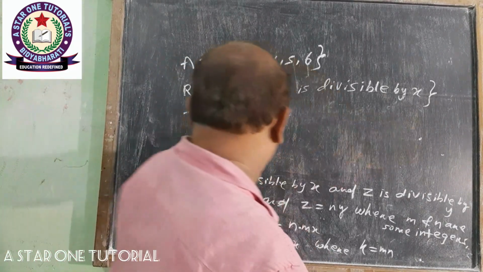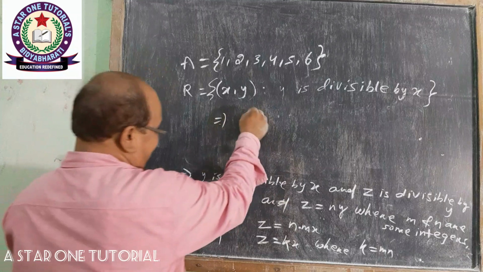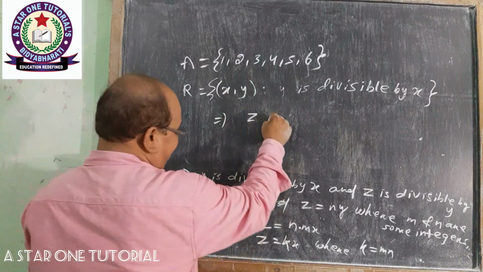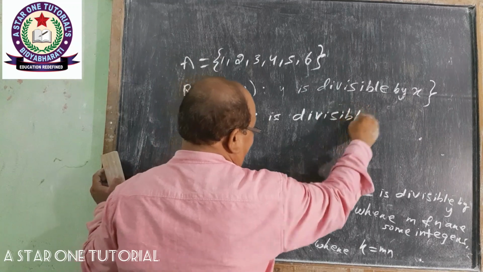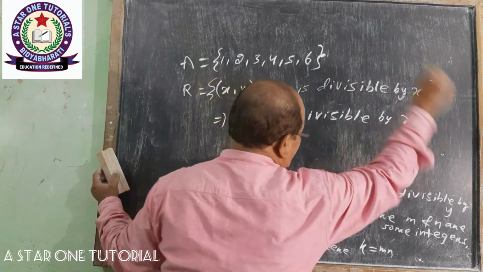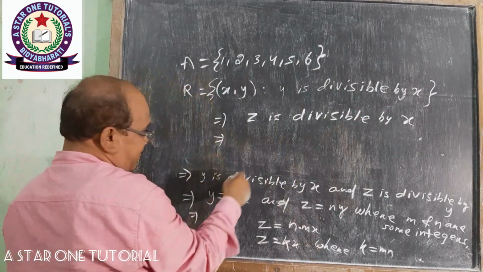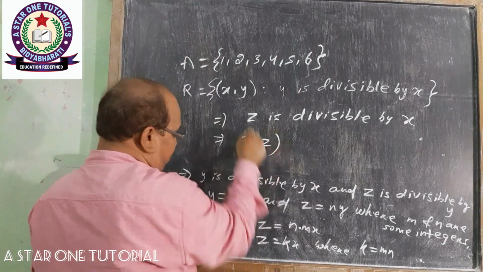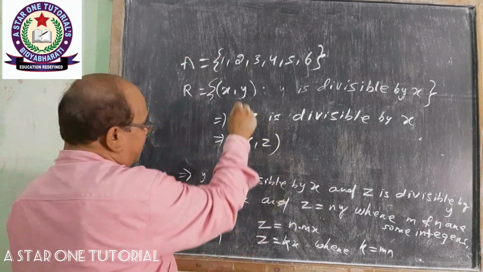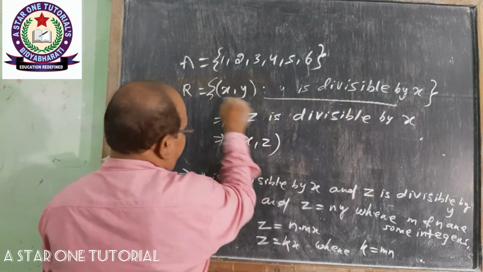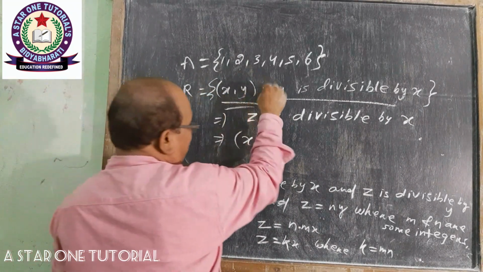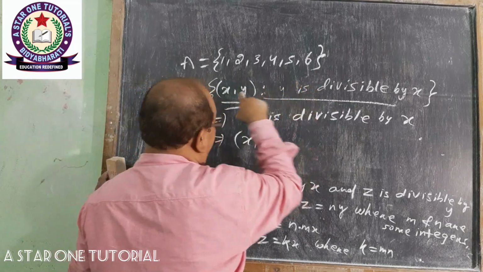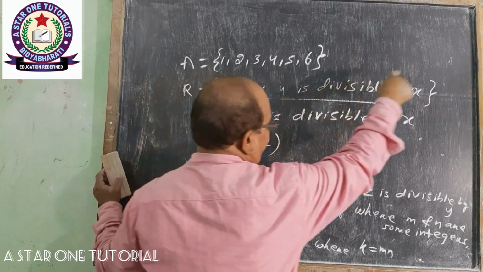That implies z is divisible by x. So that implies the ordered pair (x, z), not (z, x), because of the rule. You see, (x, y) belongs to R because the second element y is divisible by x.